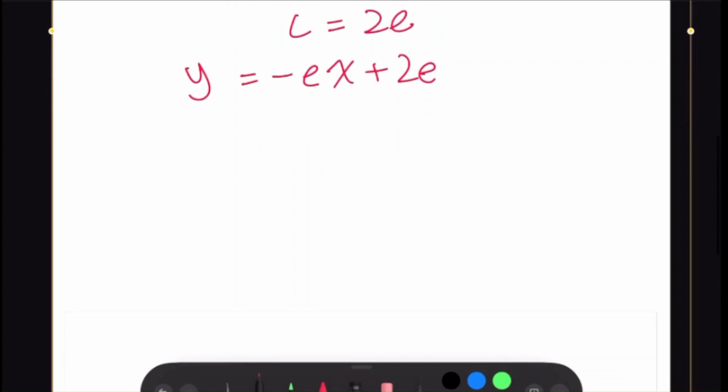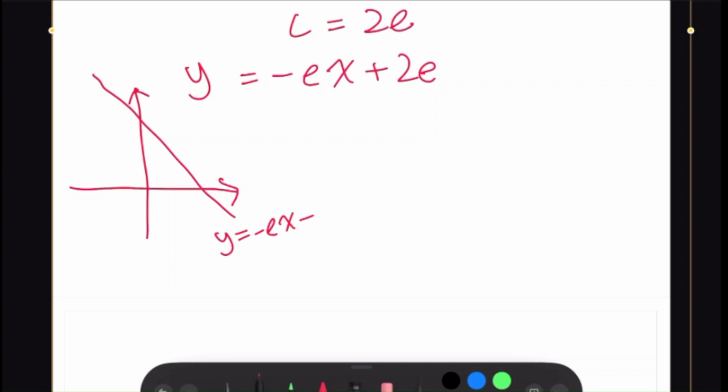So basically now what we have is a line that goes like this, and that line is y equals negative ex plus 2e. We're trying to find here and here, so when x equals 0, y equals something, and when y equals 0, x equals something.